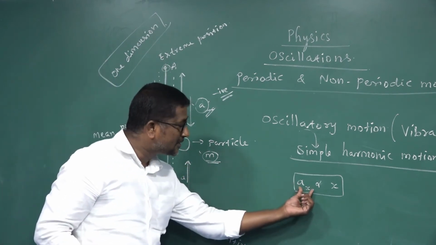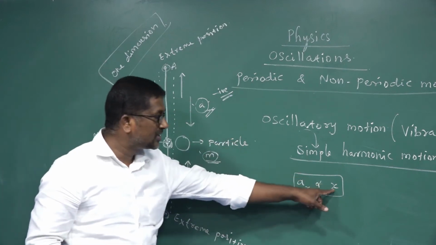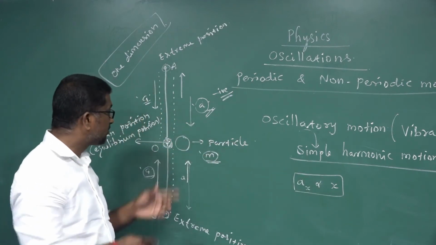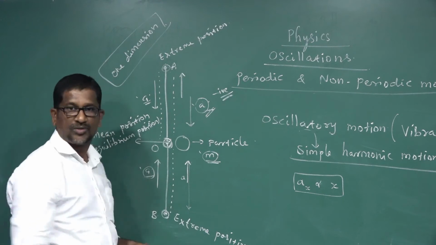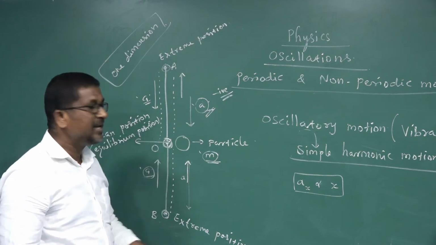The acceleration experienced by the particle is always directly proportional to the displacement of the particle. Let us assume a one-dimensional case, where the acceleration experienced by the particle is taken as a suffix x and the displacement of the particle is taken as x. The acceleration is directly proportional to the displacement of the particle from the mean position.